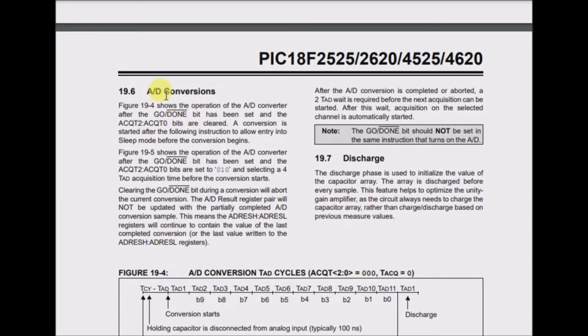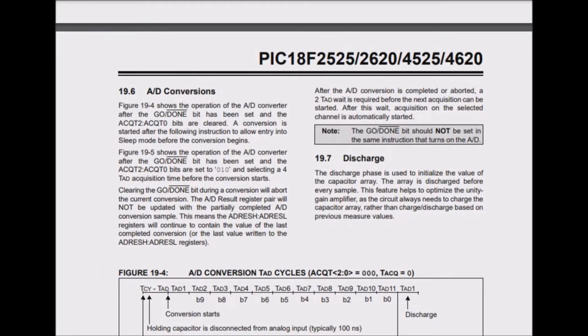AD conversions. Figure 19.4 shows the operation of the AD converter after the GO/DONE bit has been set and the ACQT2:ACQT0 bits are cleared. A conversion is started after the following instruction to allow entry into sleep mode before the conversion begins.